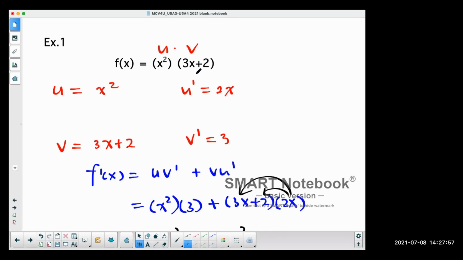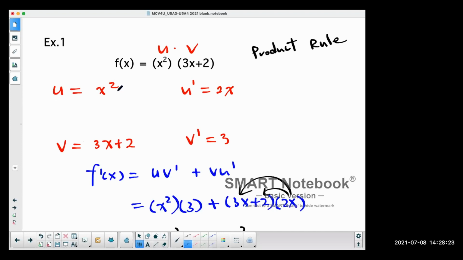Product, you're multiplying, so it's easy to remember. The product rule is UV prime plus VU prime. So you separate the 2 brackets. One of them you call U, the other you call V. It really doesn't matter even if you switch the order of U and V. You get the same answer.